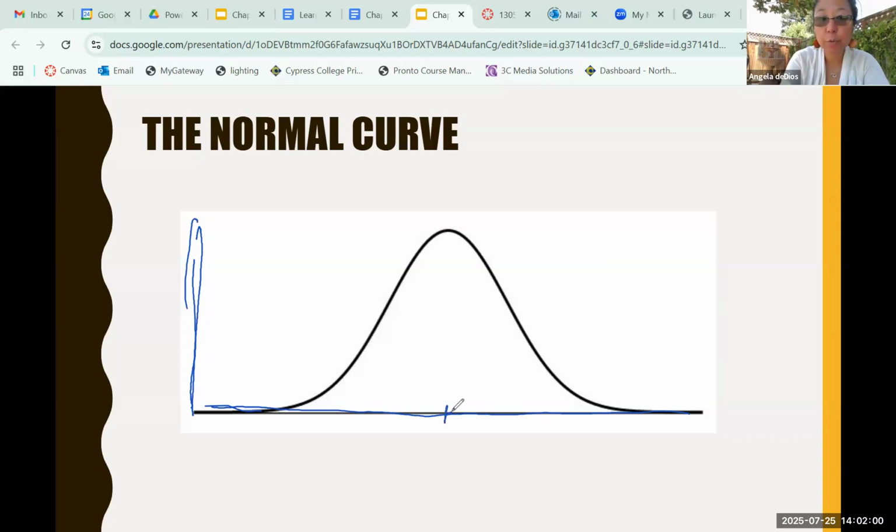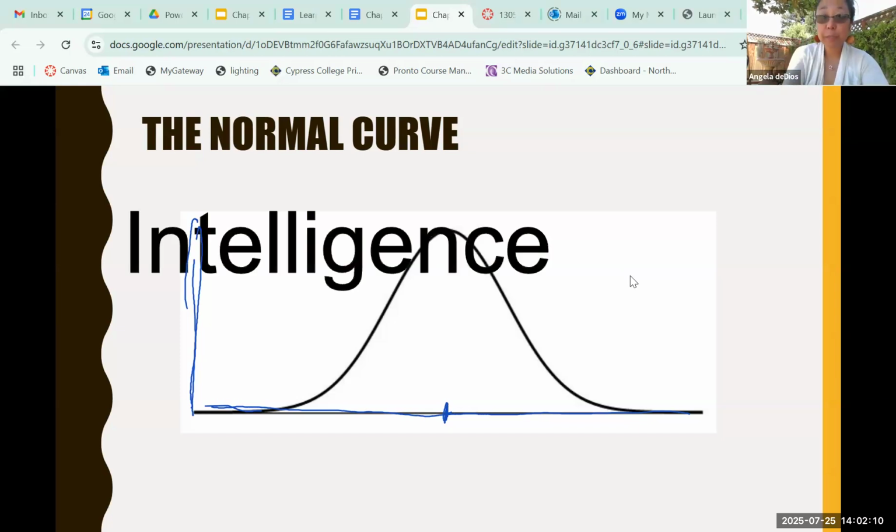So most people get a score here, okay, for the normal distribution. Now, we see that variables like intelligence are normally distributed. Most people are in the middle, like with an intelligence score of about 100. And there are very few people who have really, really high intelligence up here in the distribution. And there are very, very few people who have really low intelligence on this side of the distribution.